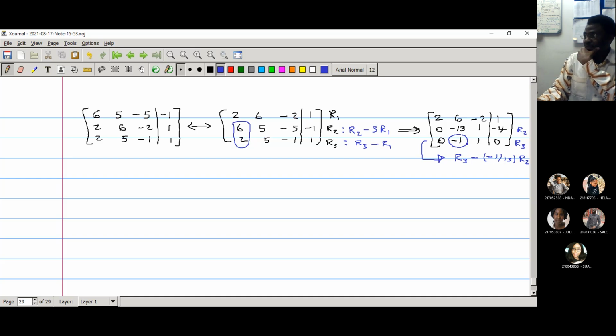Because I want this to be negative 1. So this is what I will perform. So this is our multiplier. If I take the reciprocal of that and multiply, that is negative 1 by 13. And then I subtract, I get the answer.